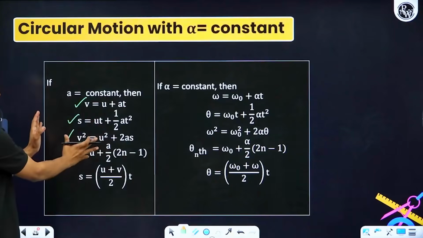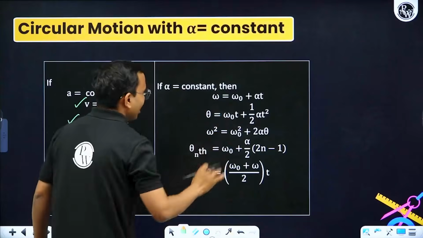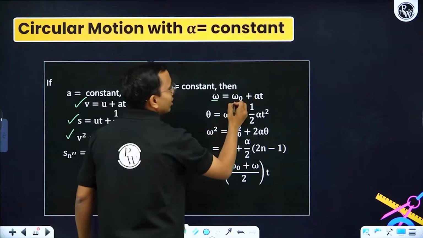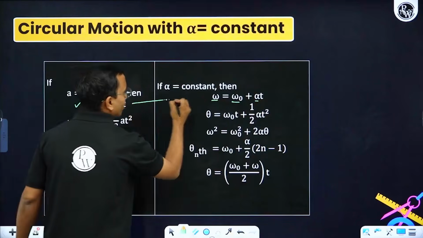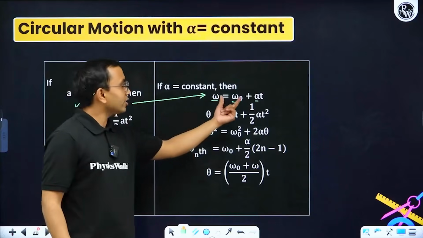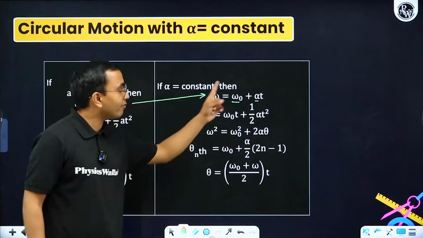Similarly, we can have the same formulas for angular motion also. Here we have final angular velocity is equal to initial angular velocity plus alpha into t. This is also v equals u plus at in angular terms. This is only applied when alpha is constant.